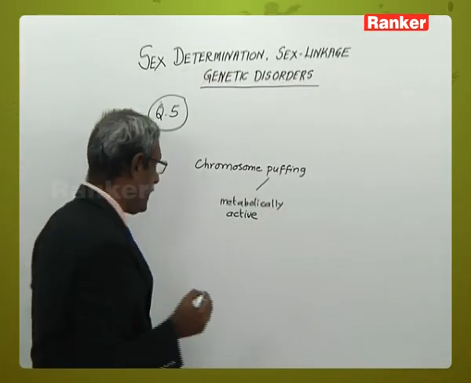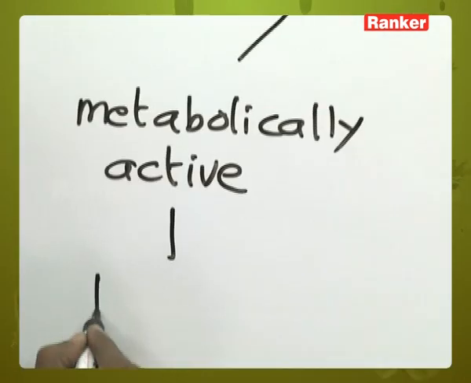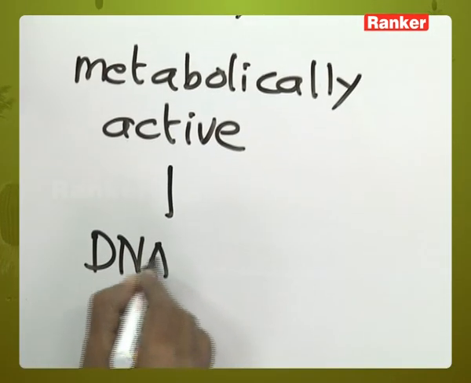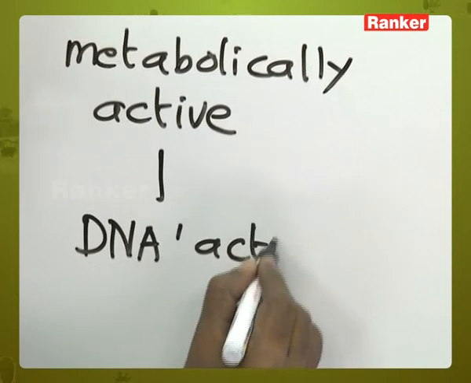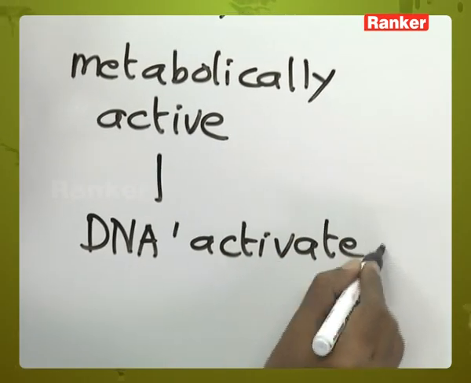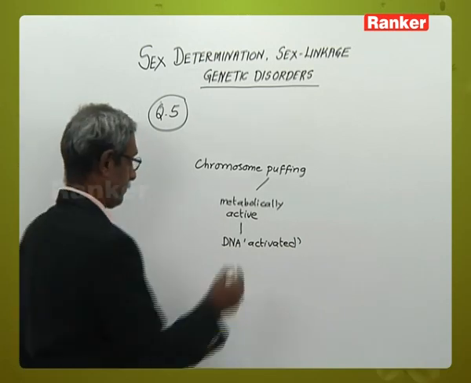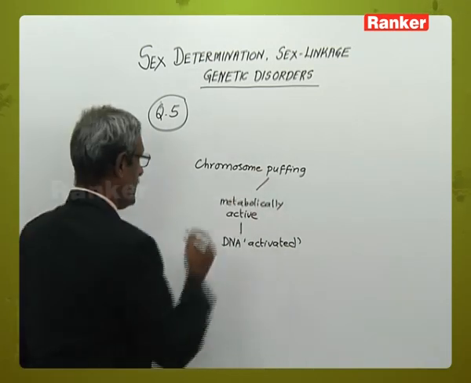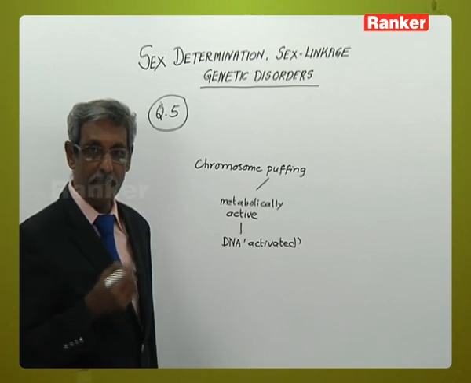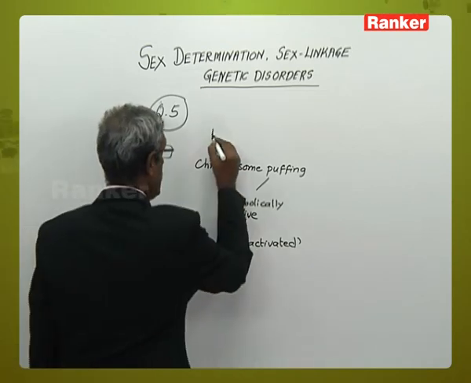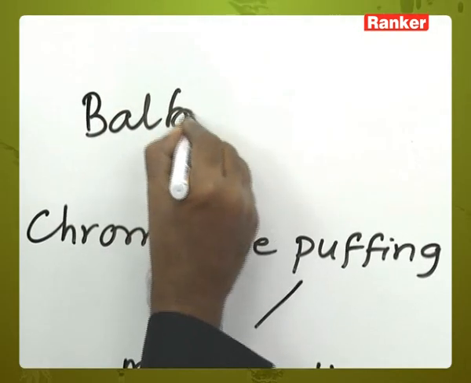So when they are metabolically active, the DNA is activated. So while the DNA is activated, puffing has been discovered by a person whose name is Balbiani. Hence, it also goes to form Balbiani rings.